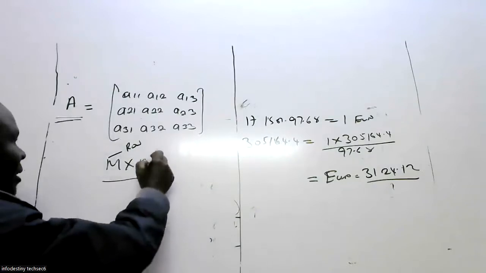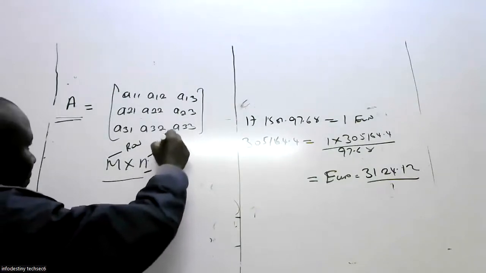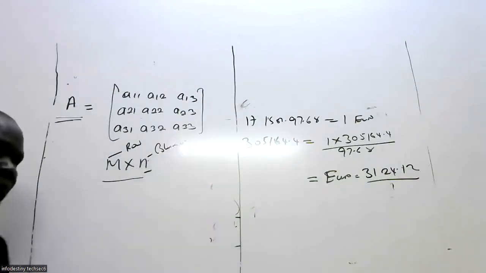The second one is going to be the column. So this is M times N order.